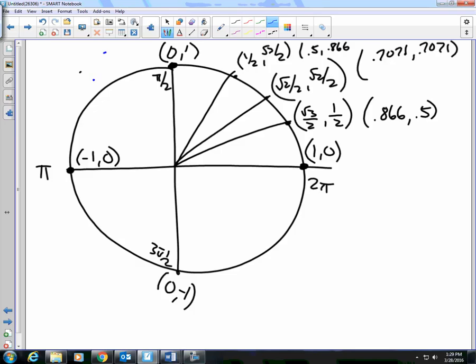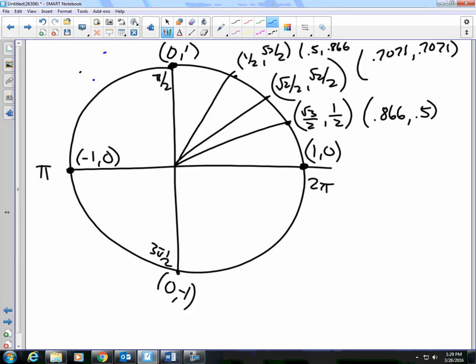At 0 degrees, or 0 radians, what is the x value? 1. At pi over 2, what's the x value? At pi, what's the x value? At 3 pi over 2, what's the x value? And at 2 pi, the x value?